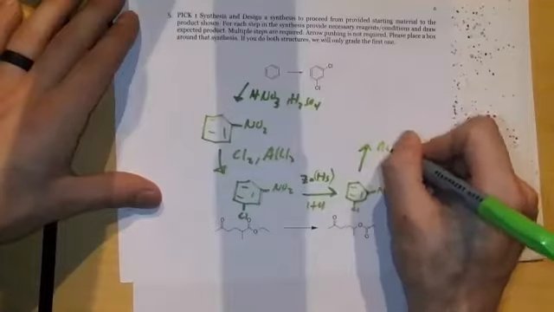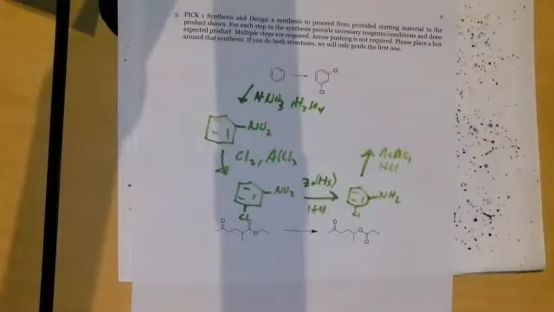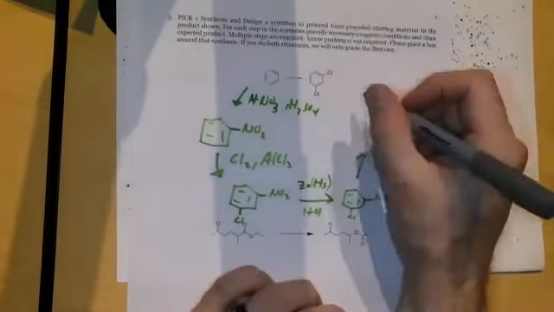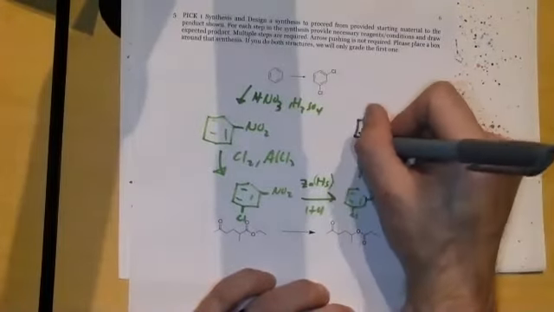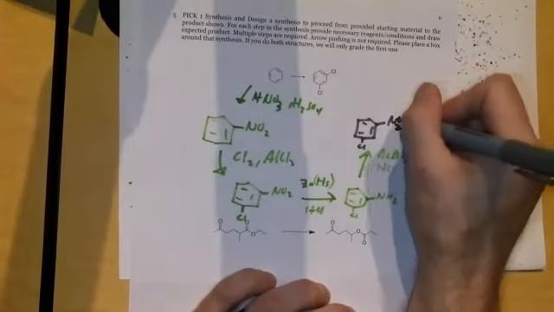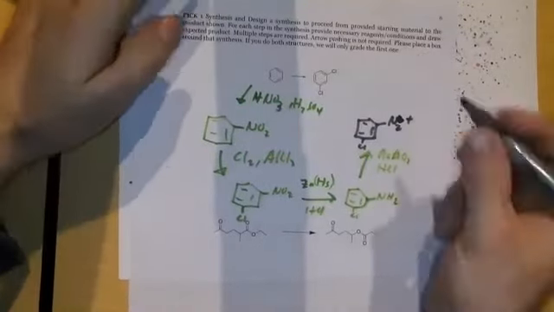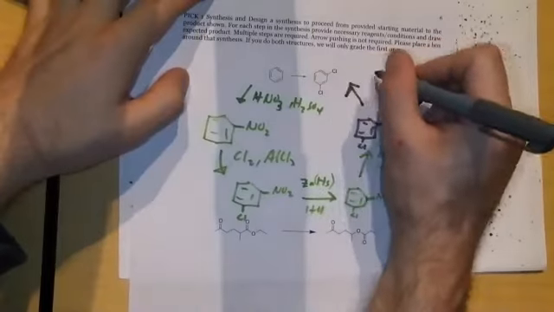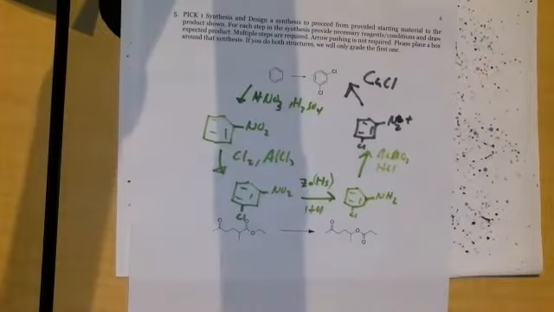NaNO2, HCl gets us to a diazonium. It should just be N2 plus. From here, copper chloride, CuCl, can get us to our final product.